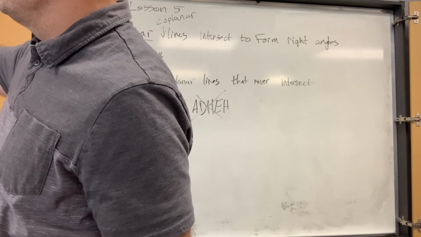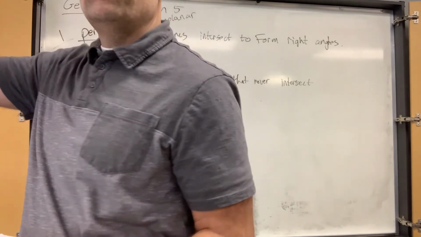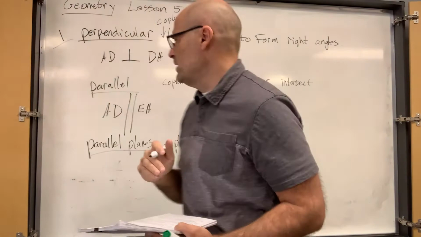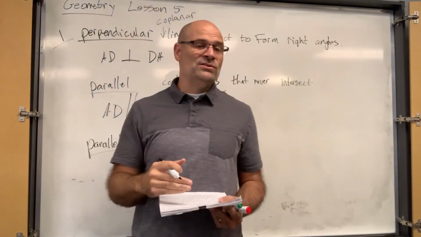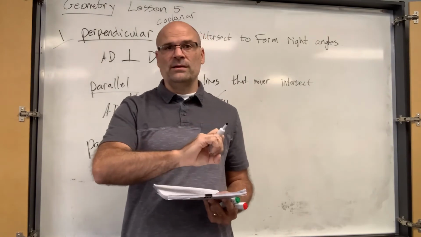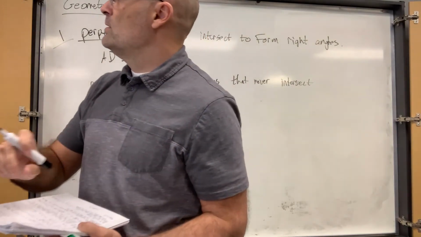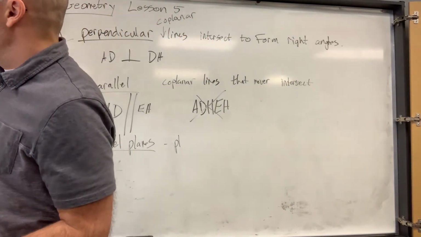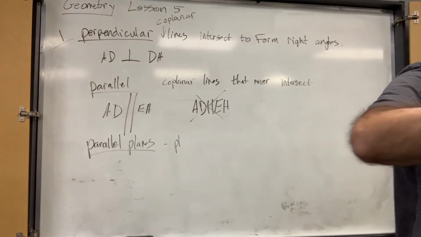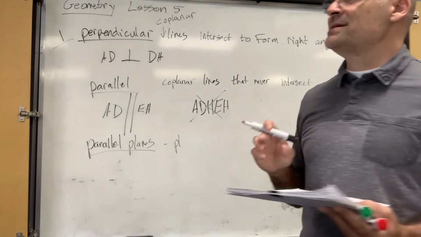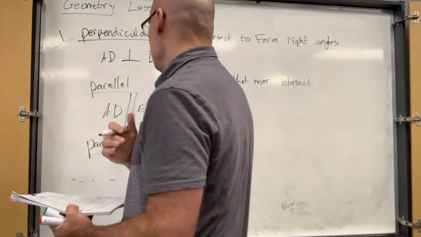So the front of the cube and the back of the cube. Very good. So remember, to label a plane, you need 3 non-collinear points. See how A, E, and H are not on the same line, but they are on the same plane. And there's only one plane that contains AEH. It's that front of the cube.